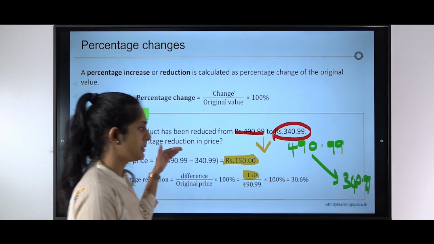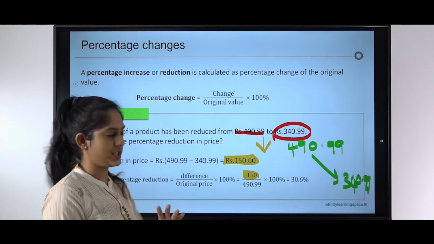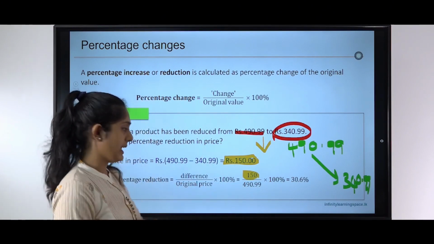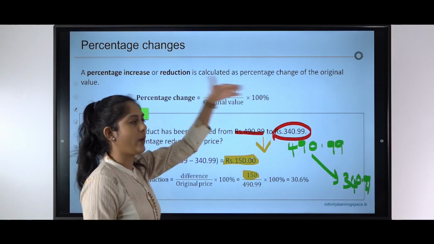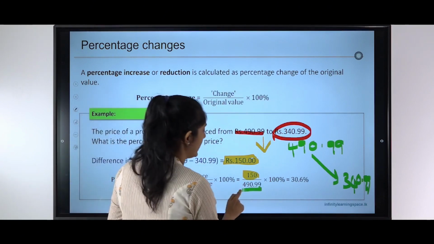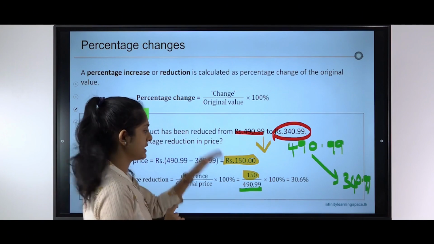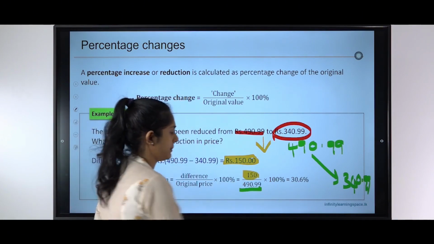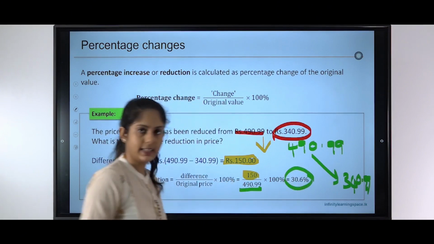So we need to see what was the percentage change. 150 was the change in rupees, but as a percentage, from where? From 490.99, a 150 change. So 150 over 490.99 into 100%, it's 30.6%.